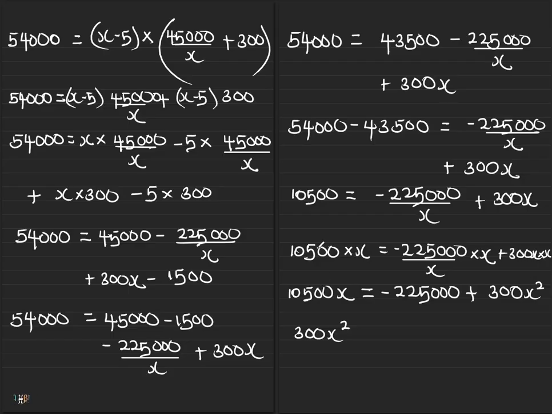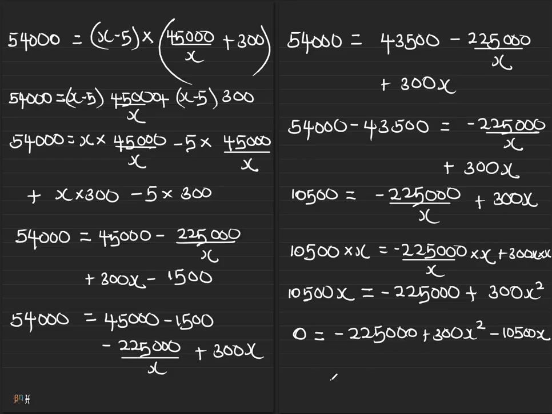And then we bring this to the right hand side, or to make the explanation simpler, we still have 0 here equals, so we are moving everything to the right hand side. Moving everything to the right hand side, we have negative 225,000 plus 300x squared and then minus 10,500x. This looks like a quadratic expression, you see.